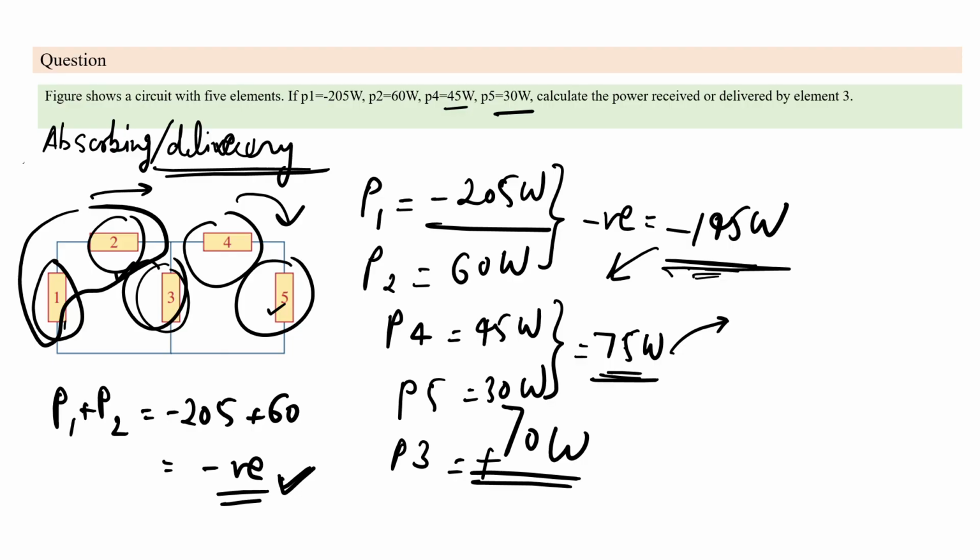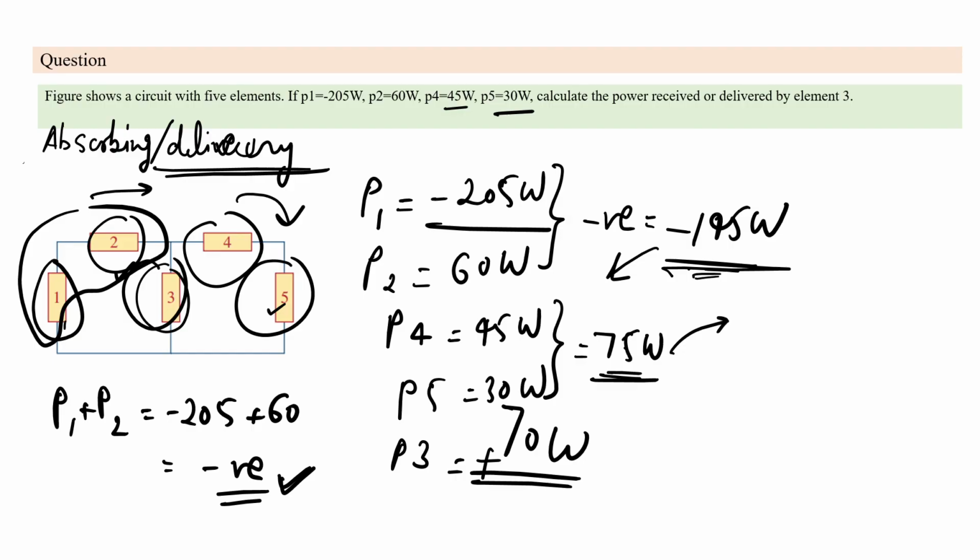If you sum up the first and second elements, P1 and P2, it is coming negative, which means that it is actually absorbing power. Same with the other branches, P4 and P5, which sum up to a positive 75 watt, so it is actually delivering. So we consider negative as absorbing and positive as delivering.